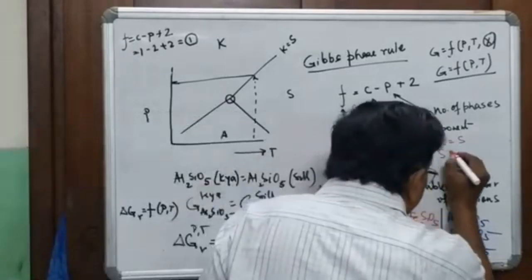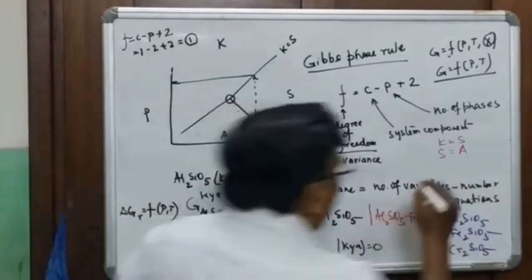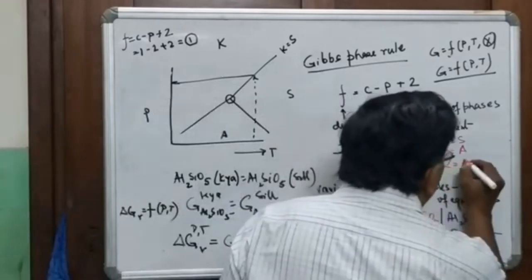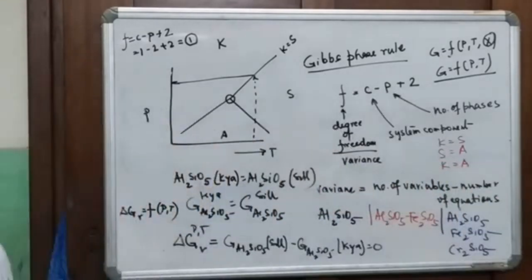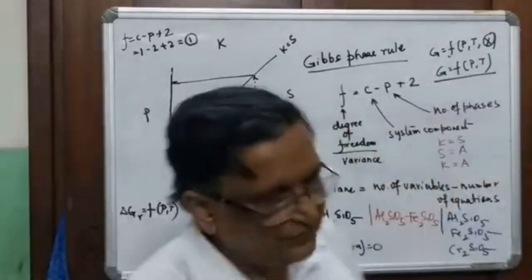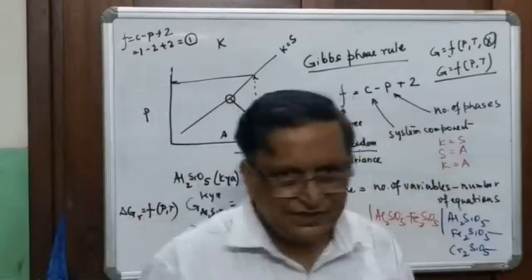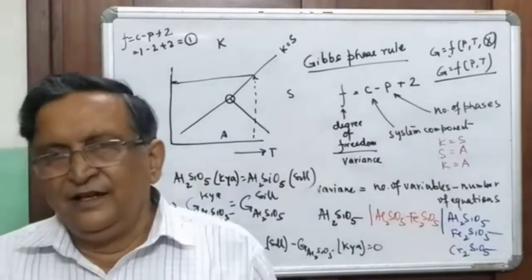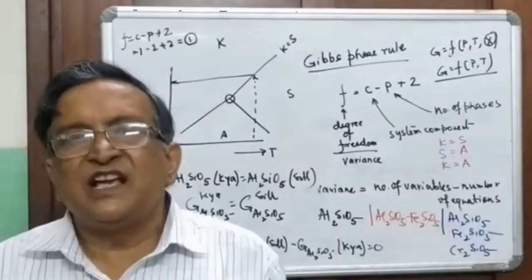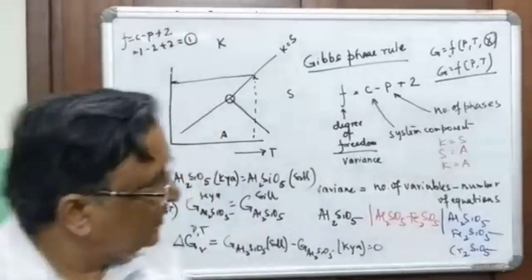Sillimanite is equal to andalusite, yes or no? And kyanite is equal to andalusite, yes or no? Now you see a trick here. Although you see 3 reactions, they are not all independent.